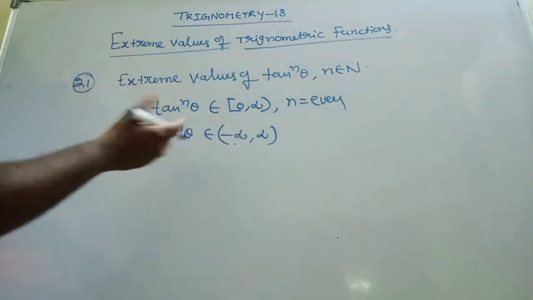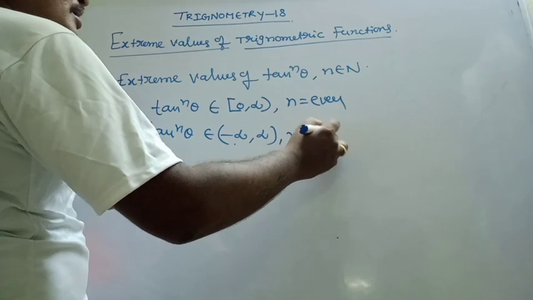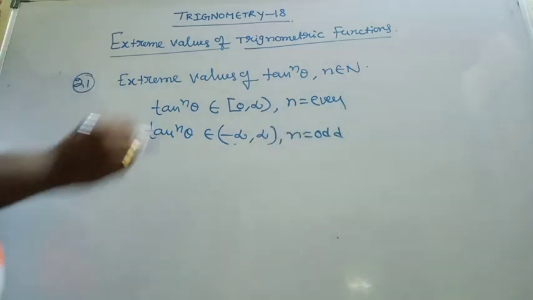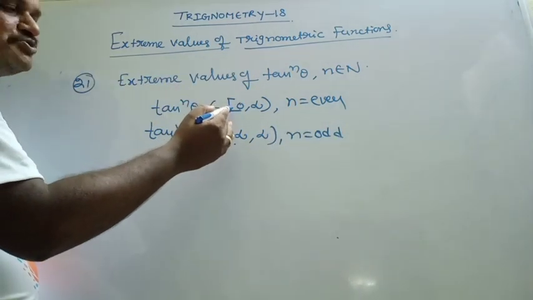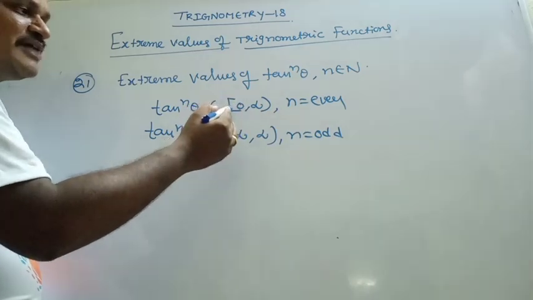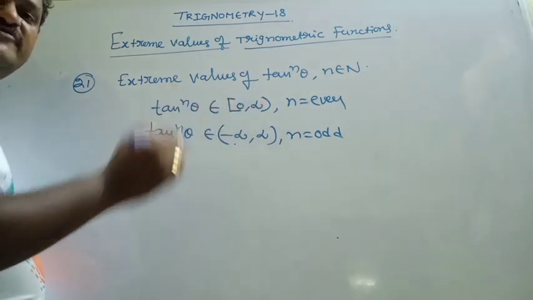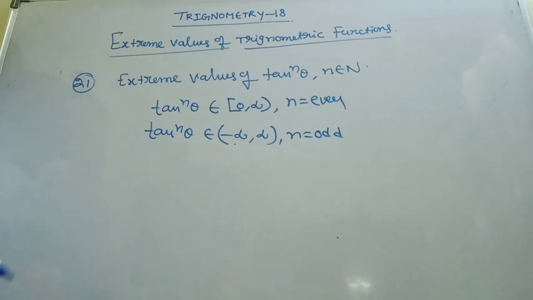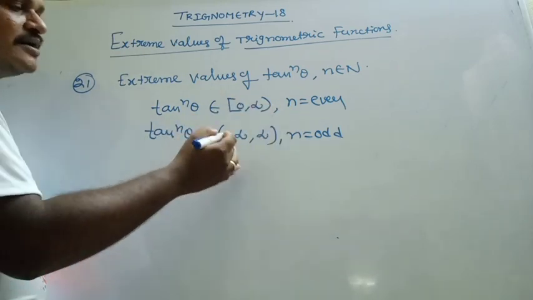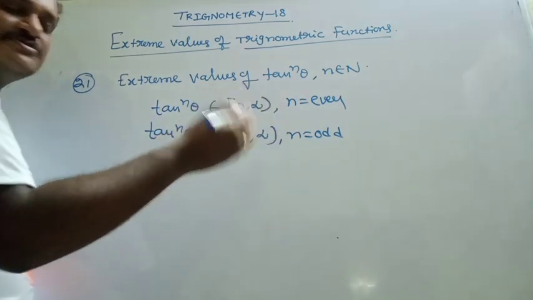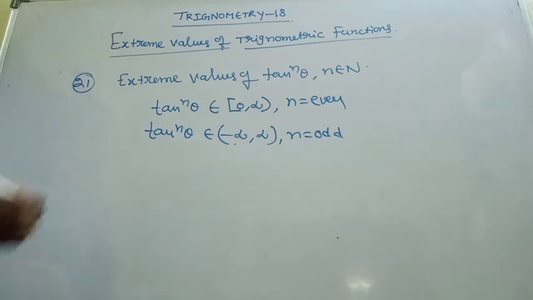Therefore, when n is even, the extreme values, meaning minimum and maximum, are: minimum value 0 and maximum value nearer to infinity. When n is odd, the minimum value is minus infinity and the maximum value is plus infinity.